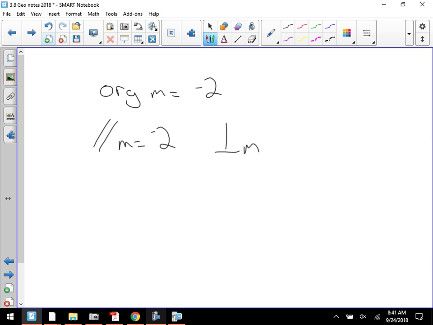When we talk about perpendicular, first thing we do is, what's the opposite of negative? Positive, okay? So it's going to be a positive something. If you have 2, what's the reciprocal of 2? 1 over 2. Remember, what's underneath the 2 that you just don't see? And that's how that works.